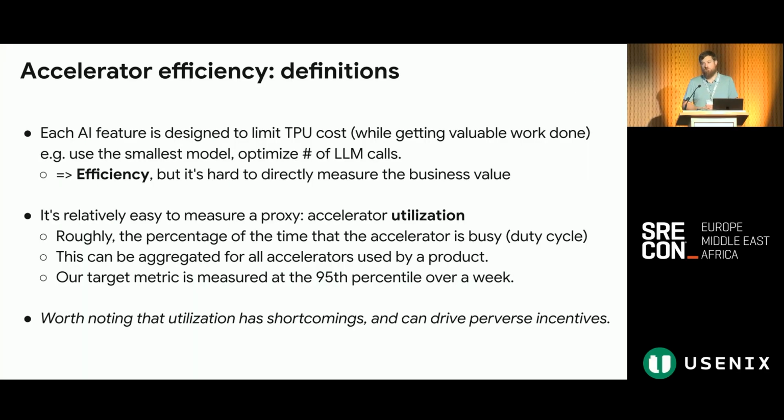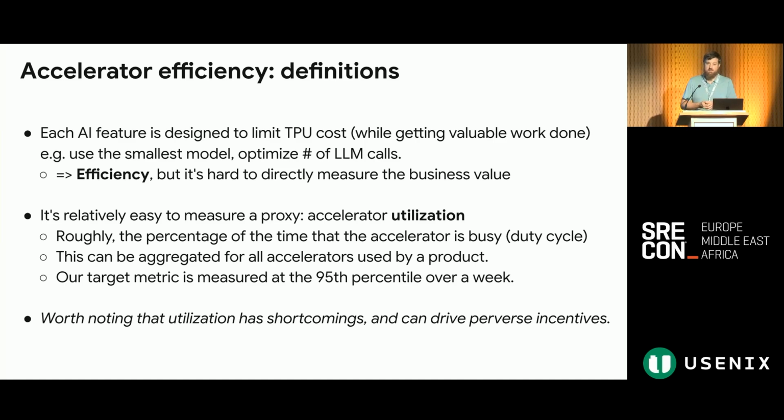So all of our features are designed to limit the cost of the accelerator usage that they have, just so that we get the most bang for the buck for the accelerators that we have access to. You would want to measure essentially efficiency, which is how well are you utilizing this resource for the business value that you're getting out. But that's very hard to do because the business value is hard to measure itself. Like how much success, how much productivity the customer is getting is a sort of a lagging value to measure.